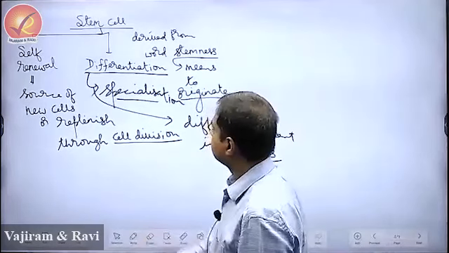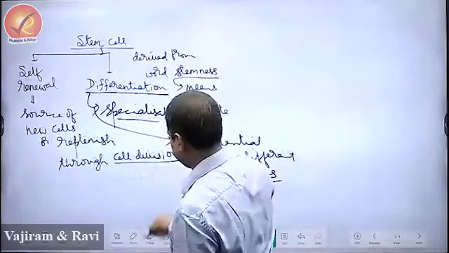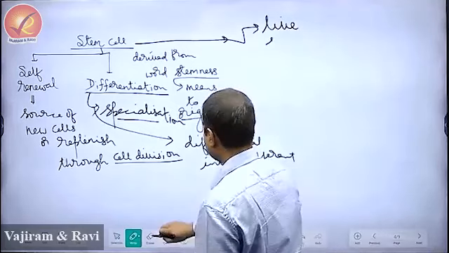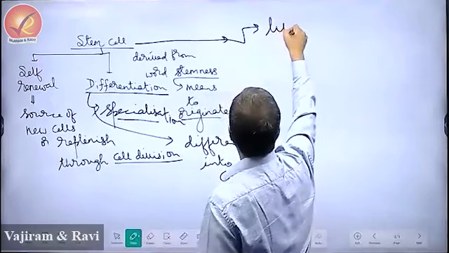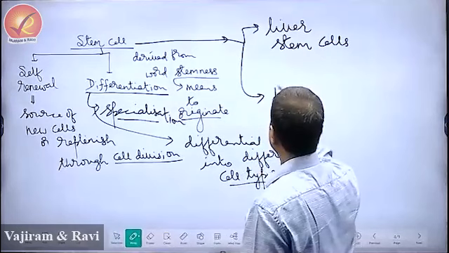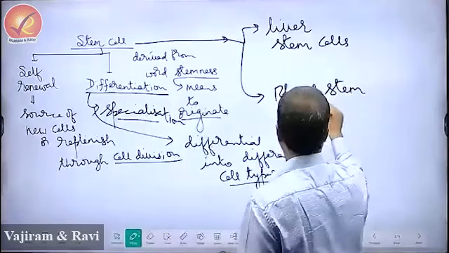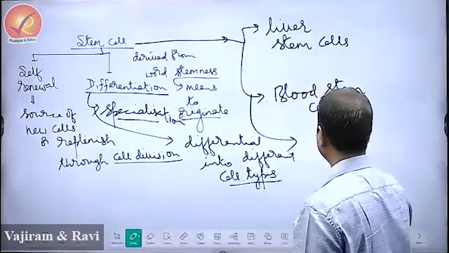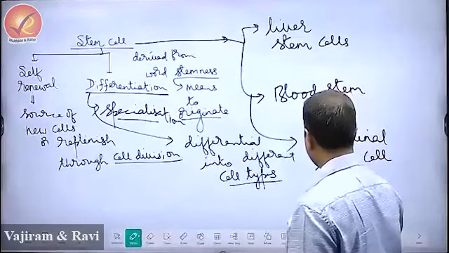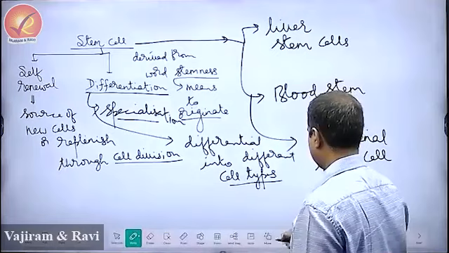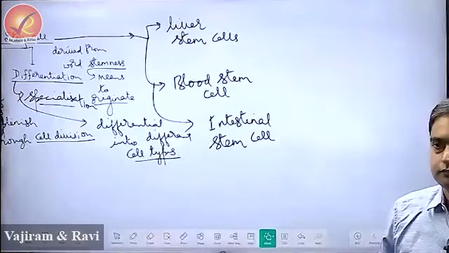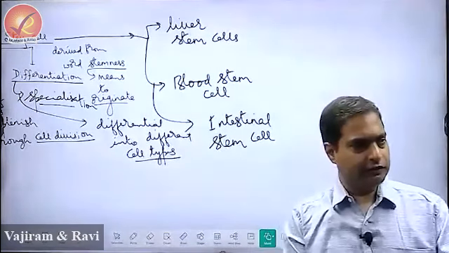For example, liver stem cell, blood stem cell, intestinal stem cell, here are some examples. So they first divide, then differentiate into specific cell types of your body.